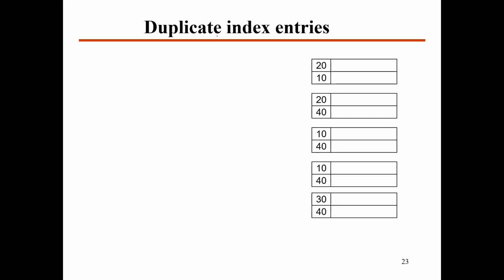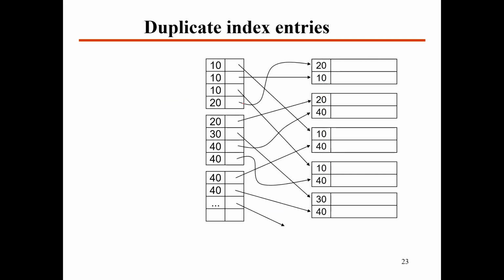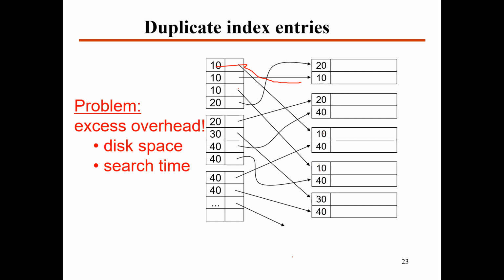We are seeing an example of duplicate handling where we have, for example, 20, 10, 20, 40, 10, 40, 10, and this one. So we make an index. Now, the number of entries in the secondary index is equal to the number of records in the data file because it is dense, so each entry is linked with the data file. Now I have this 10 connected to this 10, this 10 connected to this 10, and so on.